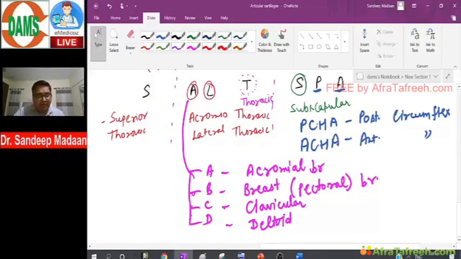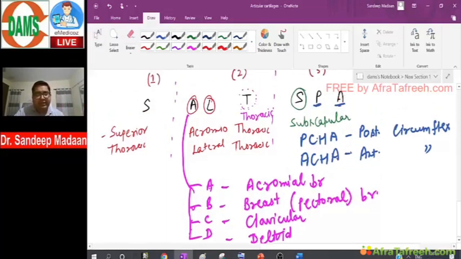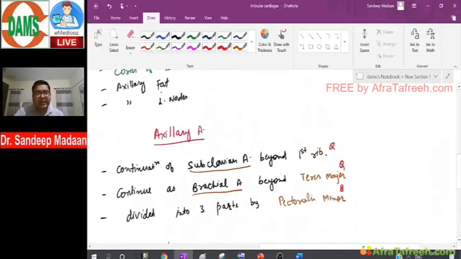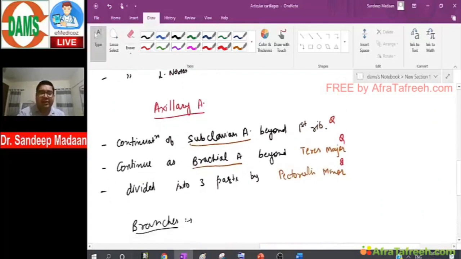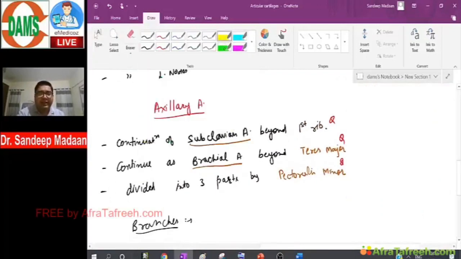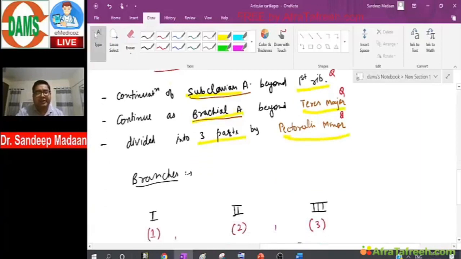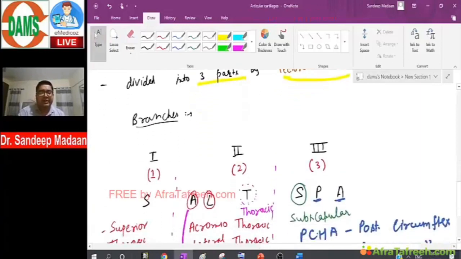So this is all about the axillary artery that we need to remember. The axillary artery is a continuation of the subclavian artery beyond the first rib. It will continue as the brachial artery beyond teres major. It is divided into three parts by the pectoralis minor muscle. The first part gives one branch, the second part two branches, the third part three branches.